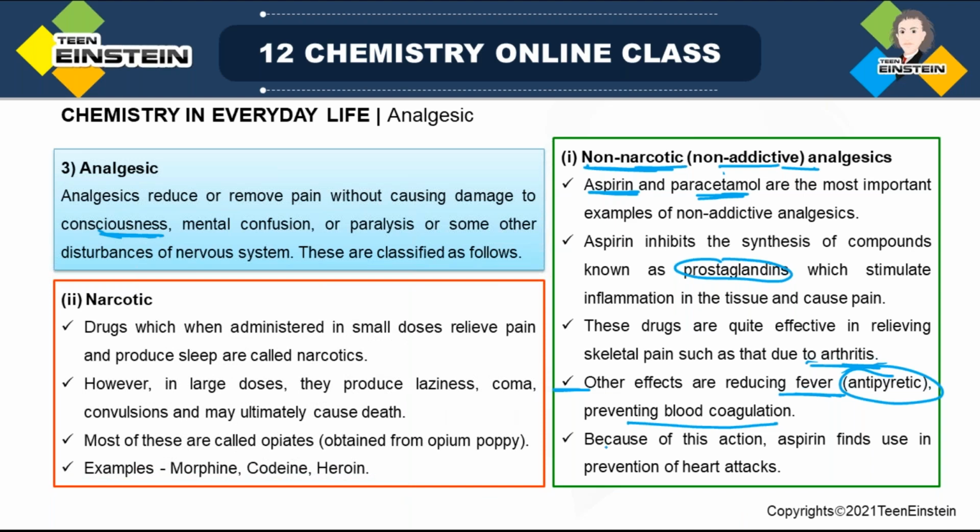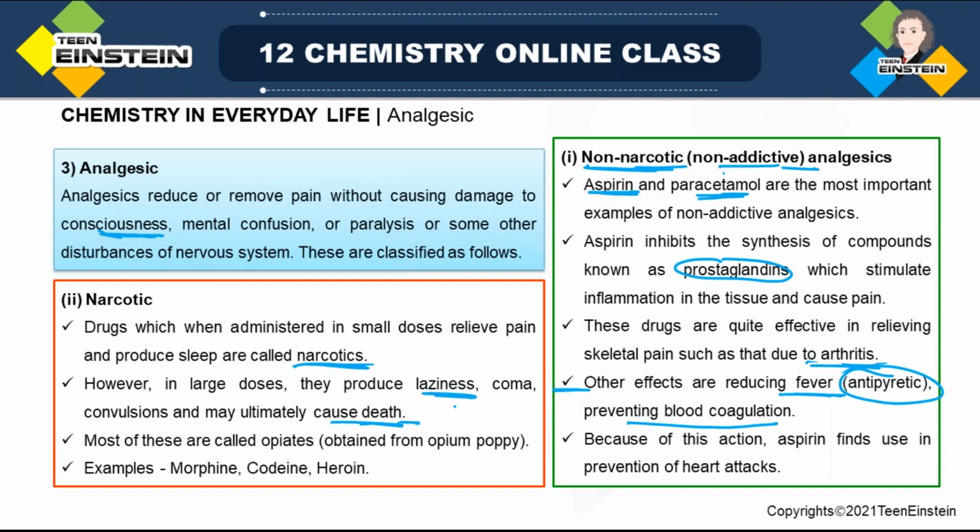So under this category, which is number 2, drugs which, when administered in small doses, relieve pain and produce sleep, are called narcotics. Fine. However, if we take them in a large dose, then there is a chance of laziness or coma, convulsion, and sometimes if it is a very high amount, death is also possible.